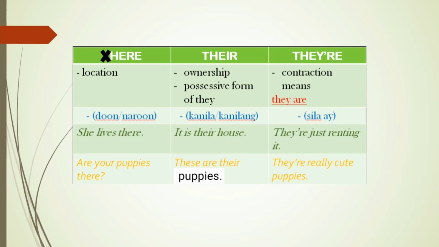Second, their, you also remove T and it will become heir. When we say heir, it means tagapagmana in Filipino. So that is also showing possession or ownership. And for the last one, remember the apostrophe, which means it's the product of two words, they are.